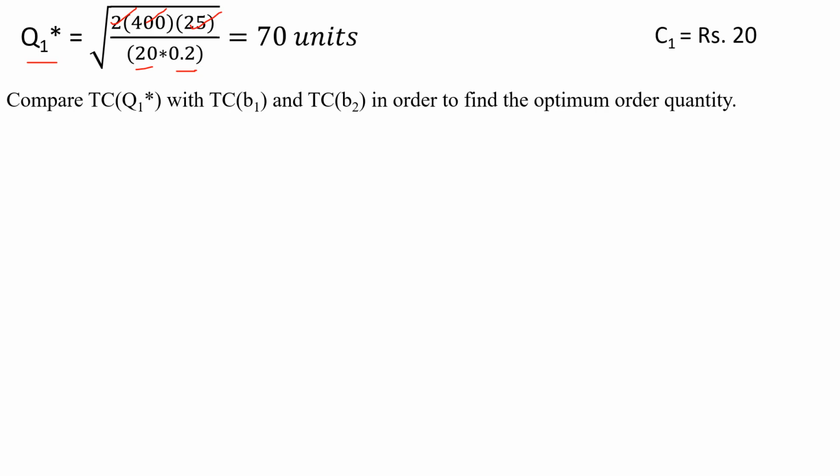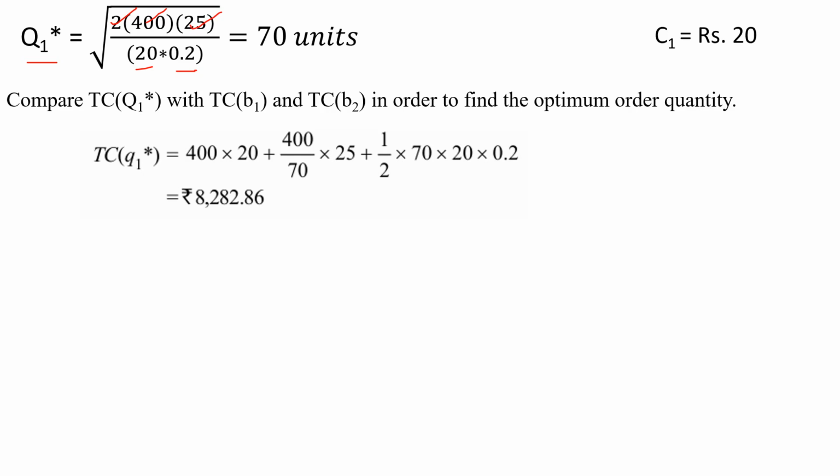Then we have to compare the total inventory cost with respect to the Q1 star quantity, B1 quantity and B2 quantity. The total inventory cost for the Q1 star quantity: this is the purchasing cost, D into C1, plus D by Q1 star into C0, plus 1 by 2 into Q1 star into R into C1.